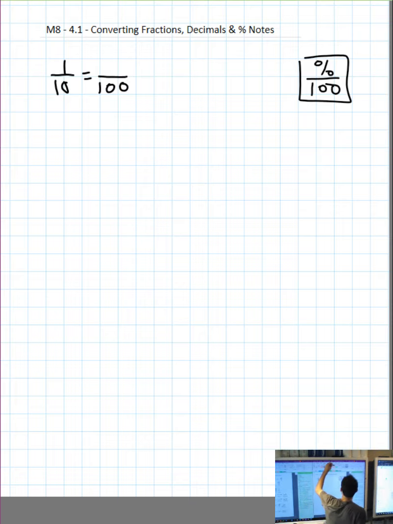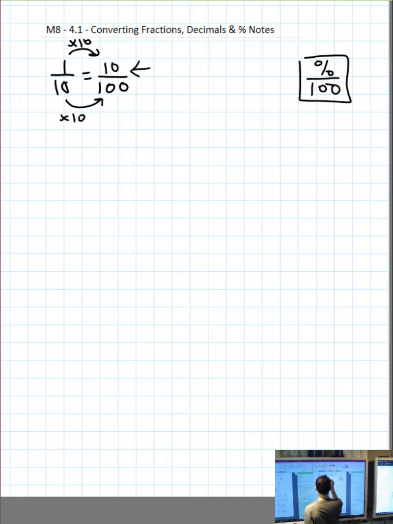Then, as we learned from chapter 2, equal fractions, well, how do I get from 10 to 100? Well, I multiply by 10. And if I do that to the bottom, I must also do that same operation to the top, and I get 10.